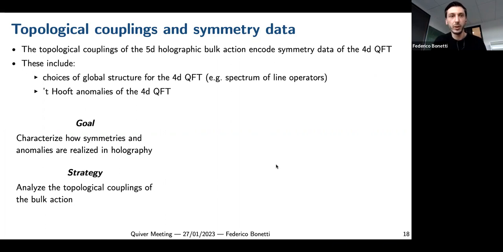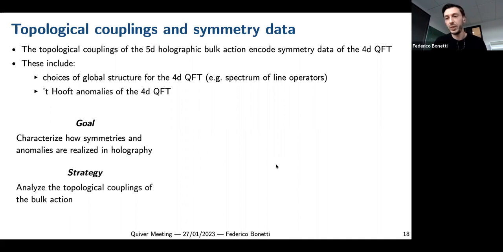Namely, generally speaking, we know that if we consider the topological couplings that we have in the holographic bulk action, they are going to encode symmetry data and anomalies about the dual theory. By symmetry data here, I'm referring to, for instance, a choice of global structure, such as the choice of the global form of the gauge group.